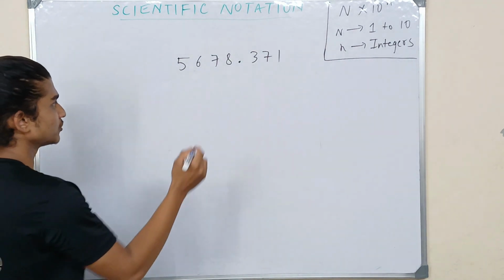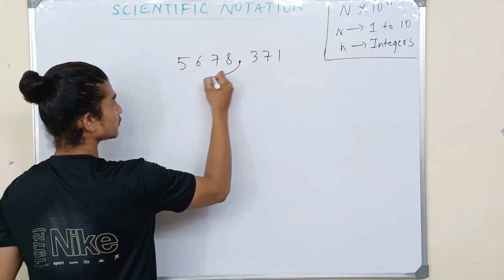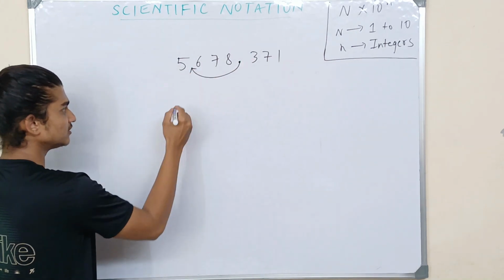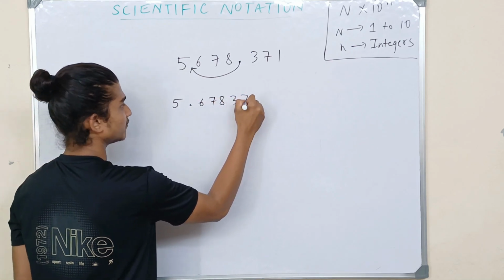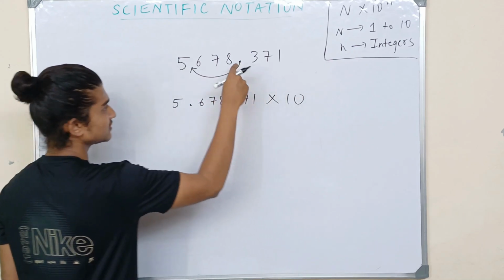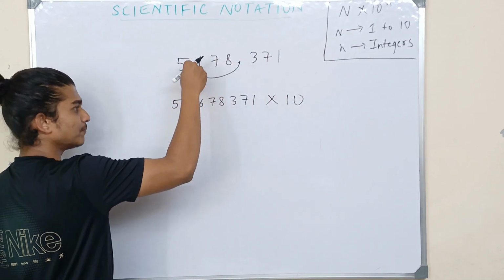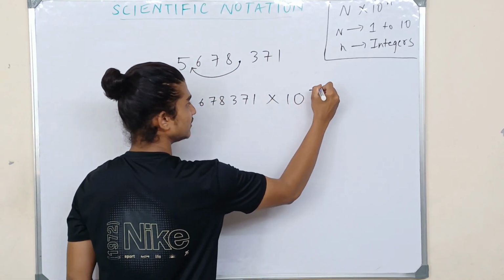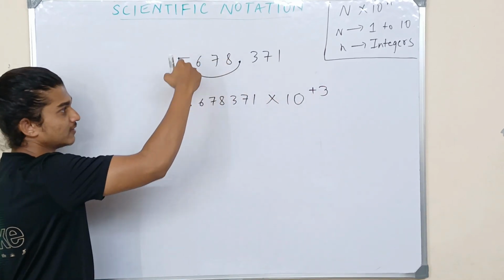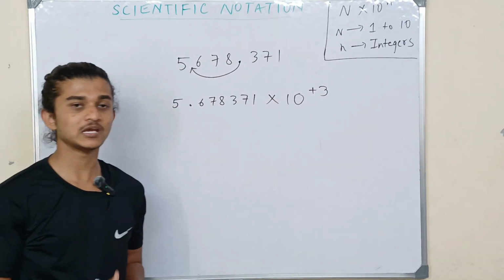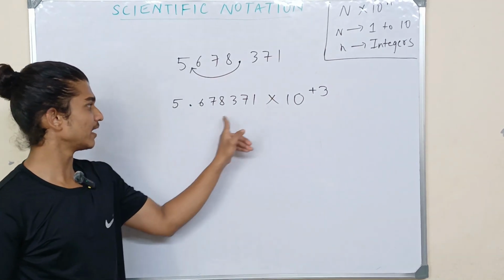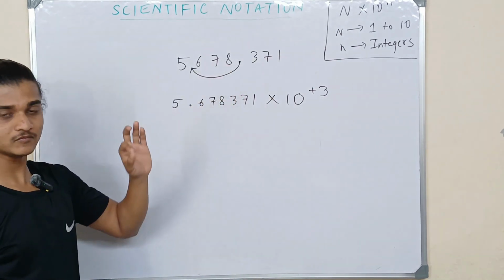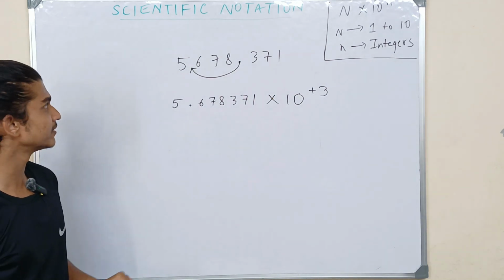Let us see. If I move this point to over here, the number is 5.6783 71 into 10 to the power. Since I have moved it over three places towards the left, I have to write plus 3. And if you move it towards the right, you have to write minus 3. And you have to make sure that if you multiply this number back, you get the original number. That is the basic and fundamental rule.